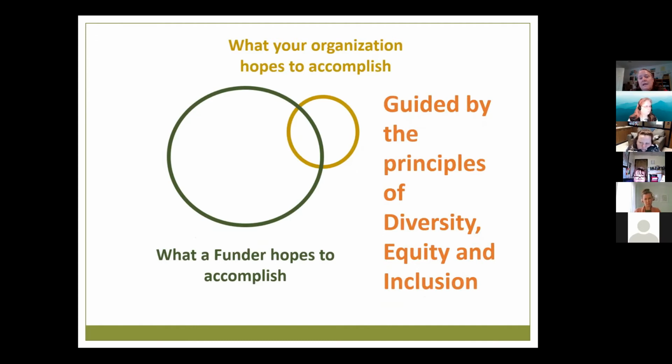And they're saying, if you don't overlap with us in being committed and guided by the principles of DEI, then we're going to be less likely to fund your work. So in a way, they've now added this to their mission, and they're asking for evidence that we have too.